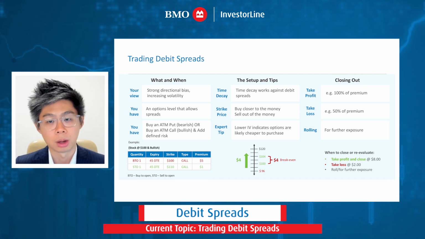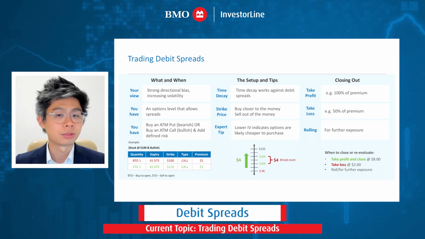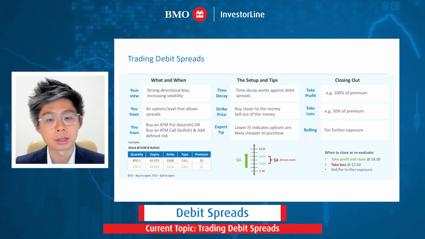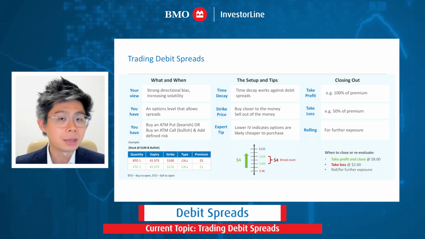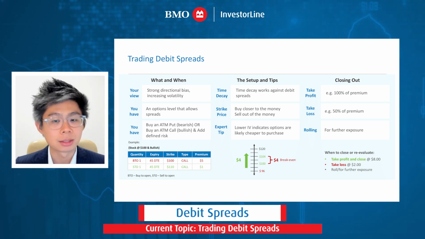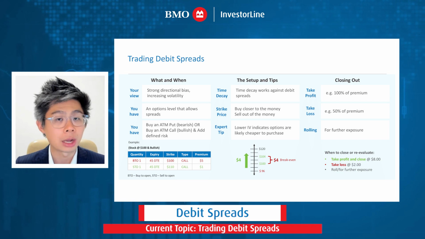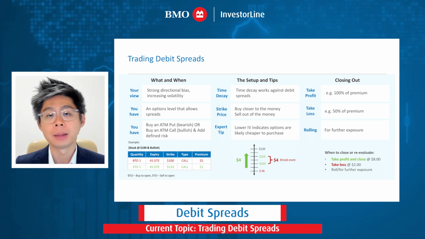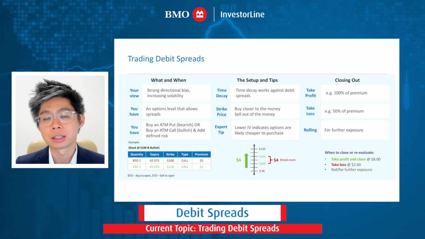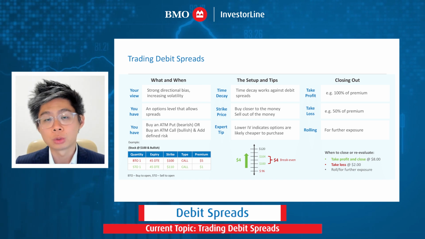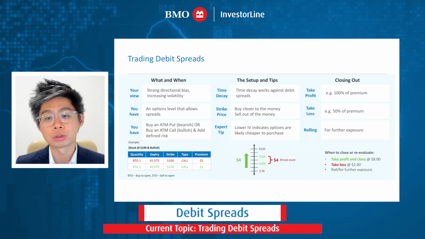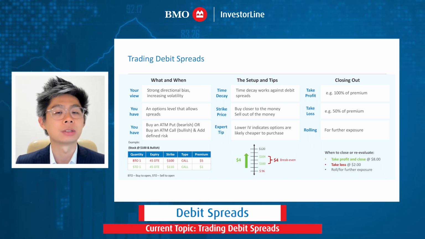Now, in terms of setup and just some tips about trading this type of strategy, remember, time decay is something that works against a debit spread, meaning as you hold on to a debit spread, time decay is going to work against that specific trade, which is why we say that this is a directional strategy that is fairly sensitive to timing.